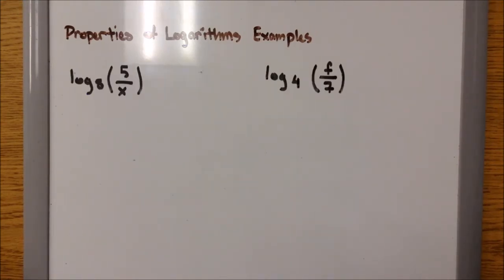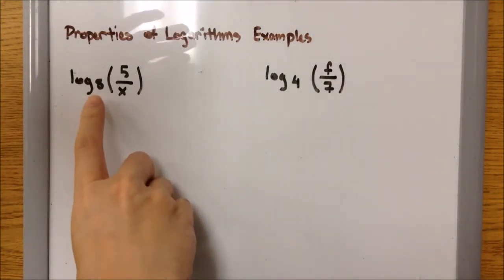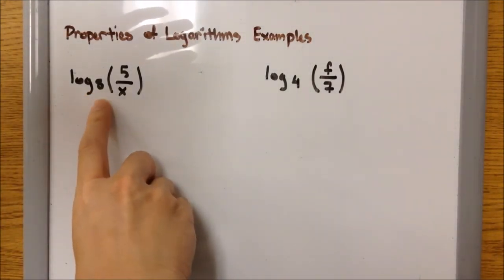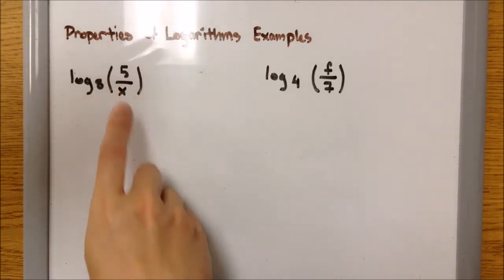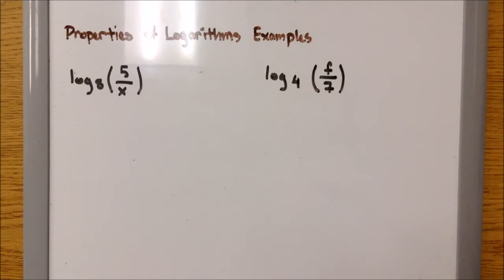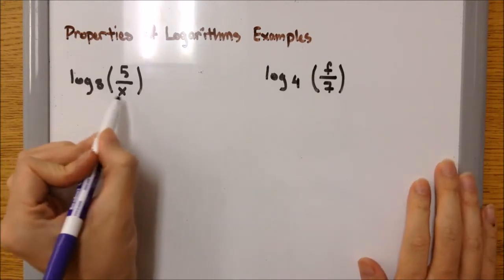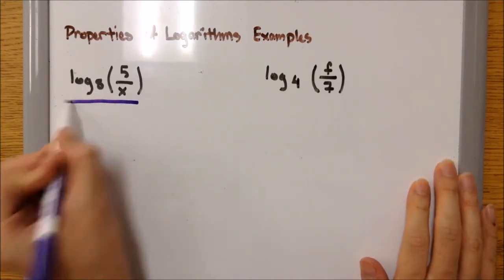Alright, in these examples we have division or quotient. So in example 5 we have log base 8 of 5 over x, or 5 divided by x. So again, division, fractions, quotient. That means we're going to use the quotient property. So what we're going to do is just rewrite this.